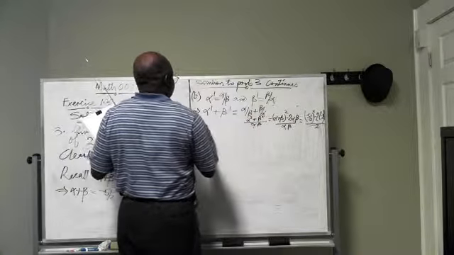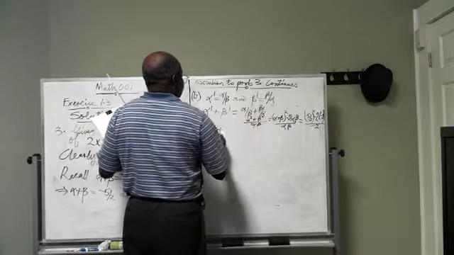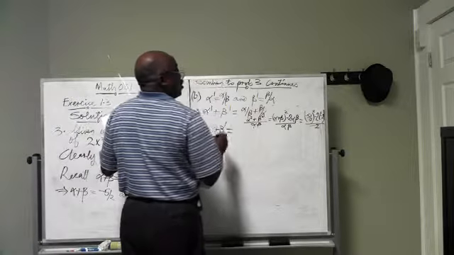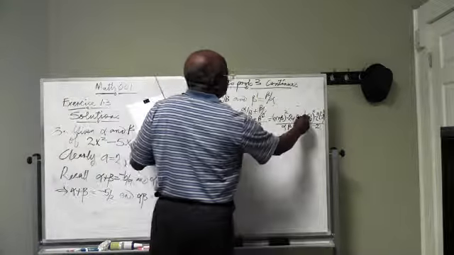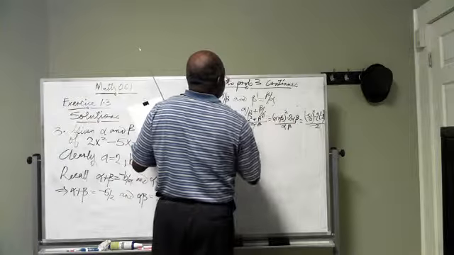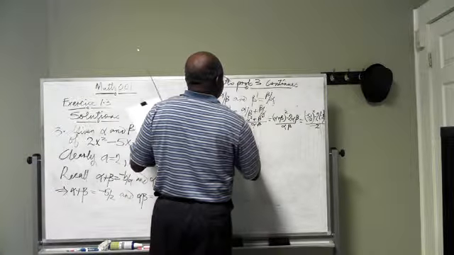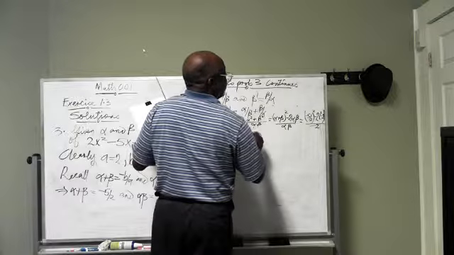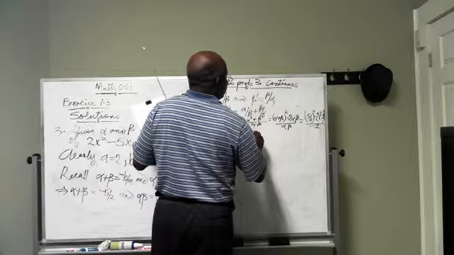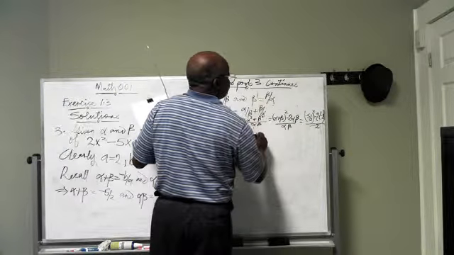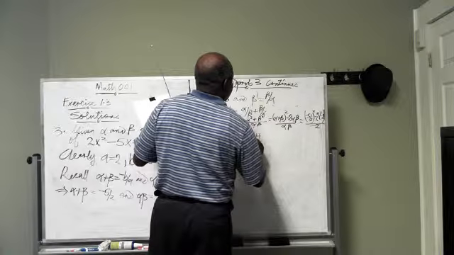So this implies alpha prime plus beta prime equals minus 5 squared is 25, 25 over 4 plus 4, all over minus 2.